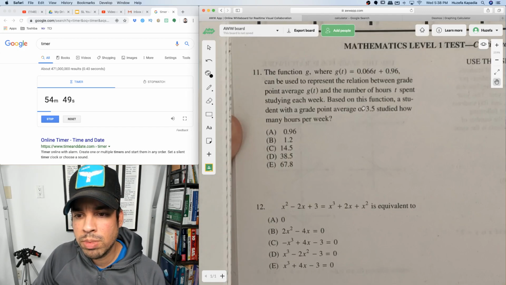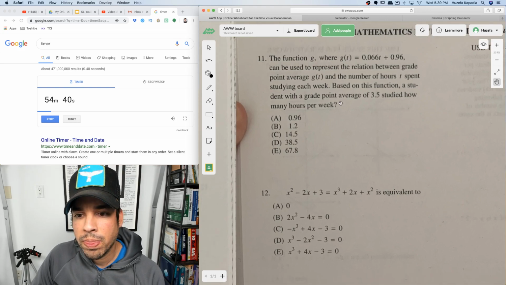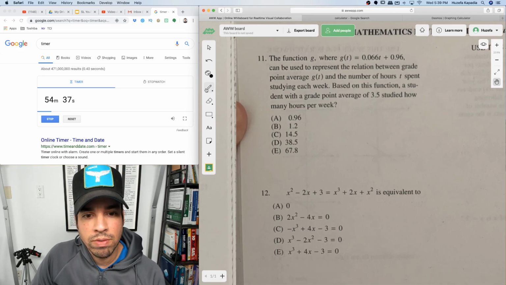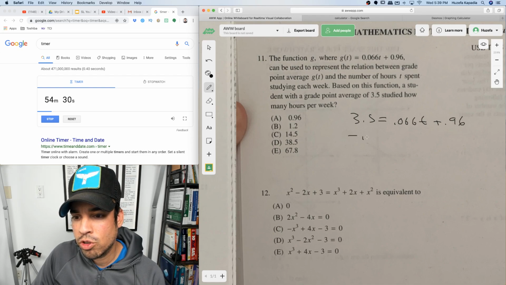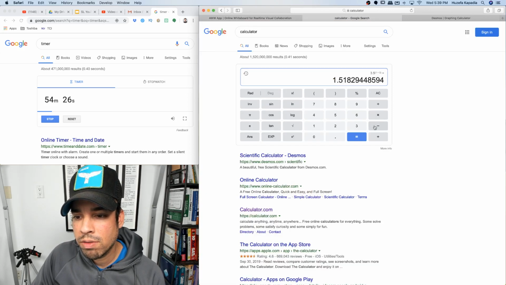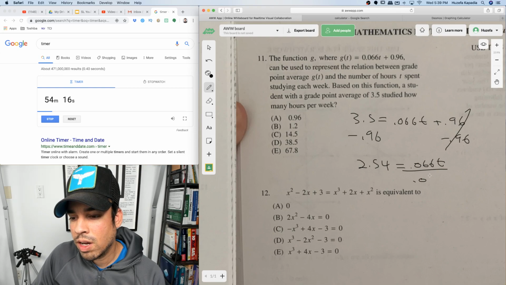11. The function g of t, where that is equal to that, can be used to represent the relation between grade point average and number of hours spent studying. Got it. Based on this function, a student with a GPA of 3.5. Okay, so just plug in 3.5 for the GPA. Equals 0.066t plus 0.96. Subtract 0.96. I want to use my calculator here. 3.5 minus 0.96 is 2.54.